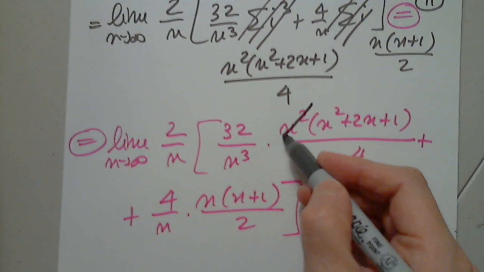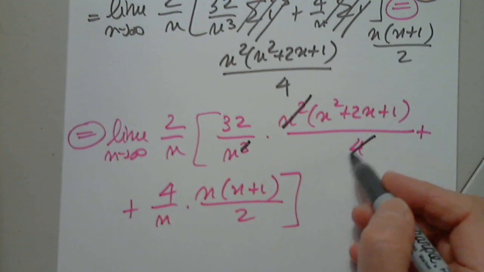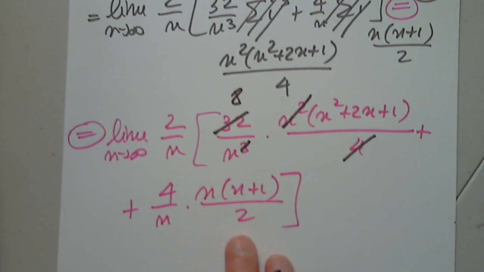I'll simplify. Don't simplify here because you still have to have n.